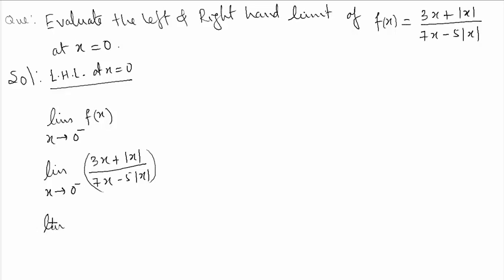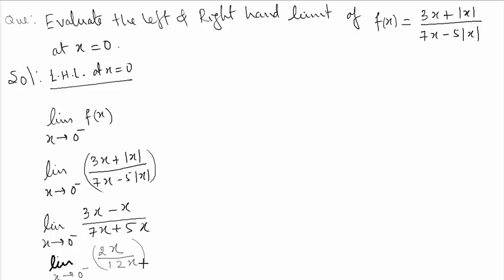So limit x tending to 0 minus, this can be 3x minus x upon 7x, minus minus, we will get plus sign here, plus 5x. So this would be limit x tends to 0 minus, this would be 2x upon 12x.